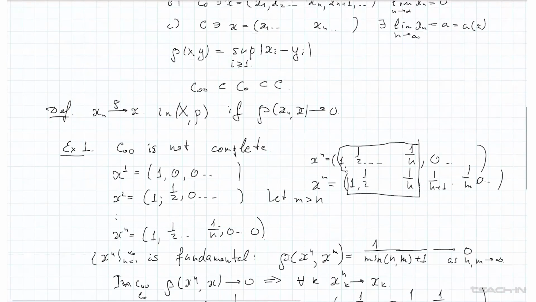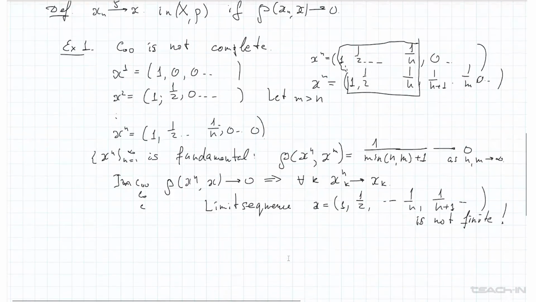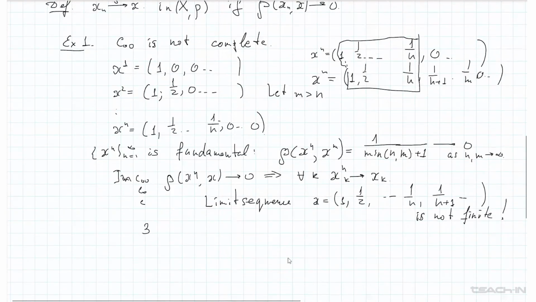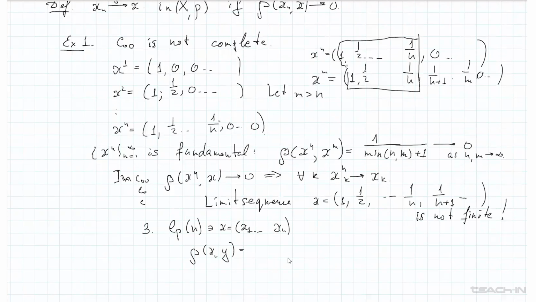Okay, let's continue our examples. Third example. Again, a finite-dimensional space, LpN. It is the space of finite vectors, real or complex, with the metric equal to the p-th root of the sum from 1 to n.